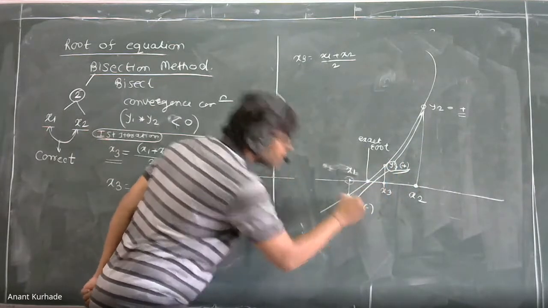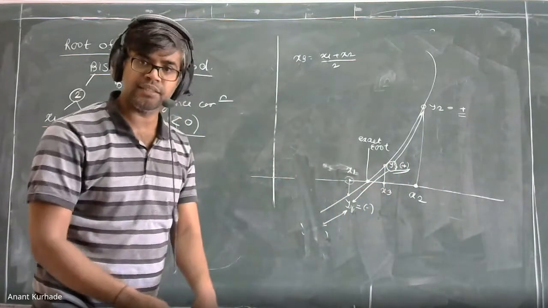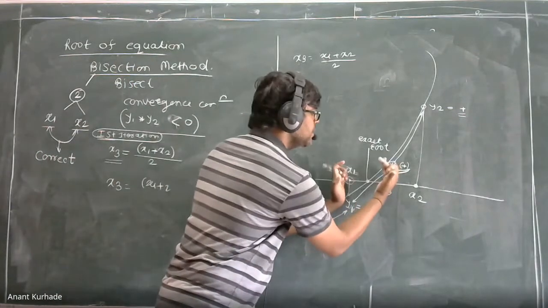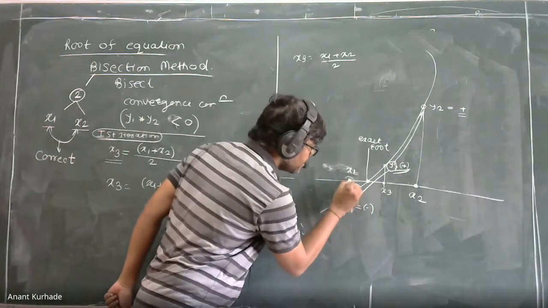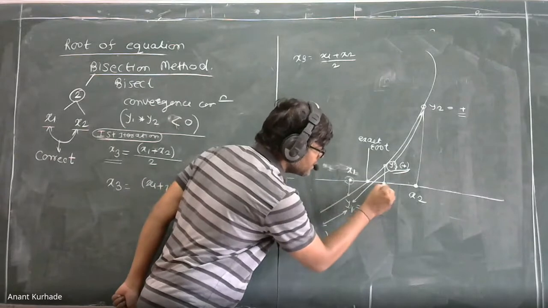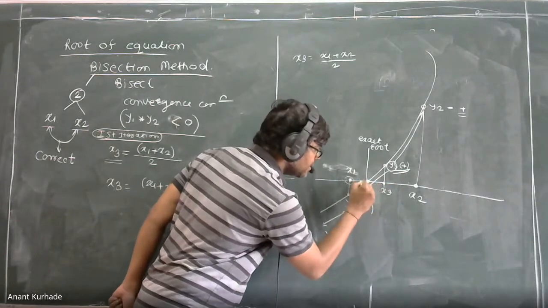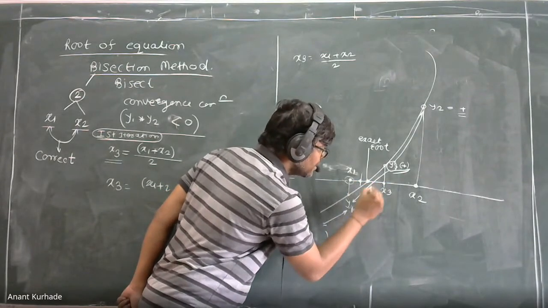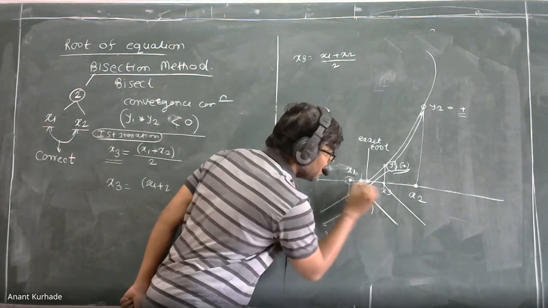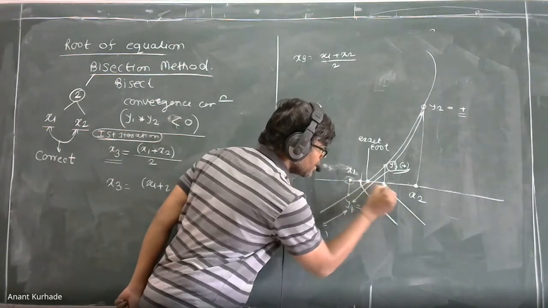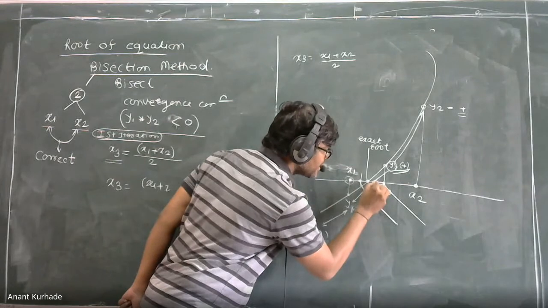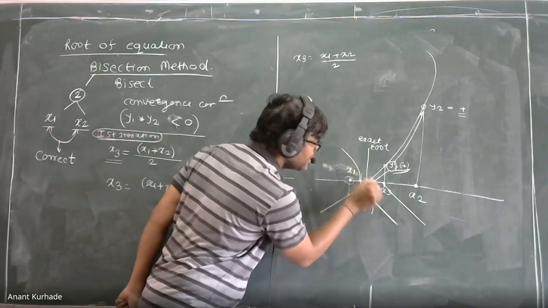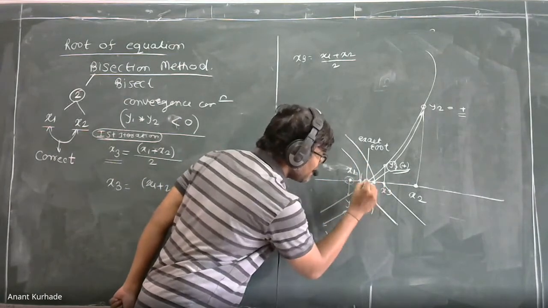If the product of y3 and y1 is minus, then we can say the root lies between these two. Again take the average. Here it lies between this value and this value. Again take the average. Then you are here, and it lies between these two. Again take the average.